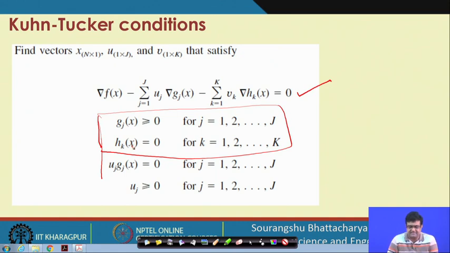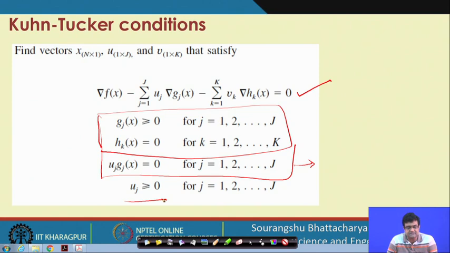In the case of h k it has to be equal to 0, and in the case of g j it has to be greater than or equal to 0. The final condition is called the complementary slackness condition, and this says that u j times g j of x should be equal to 0. This is the condition on the Lagrange multiplier.